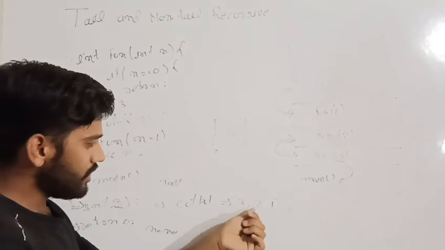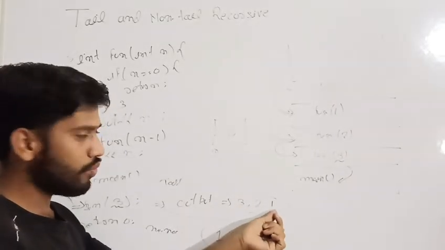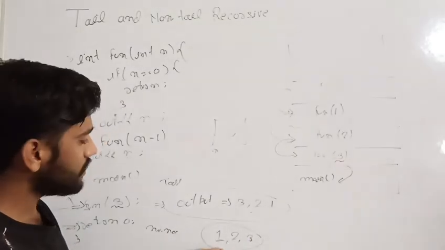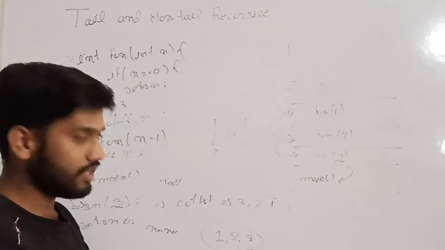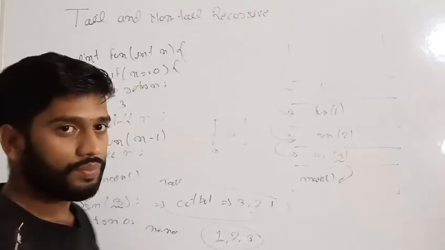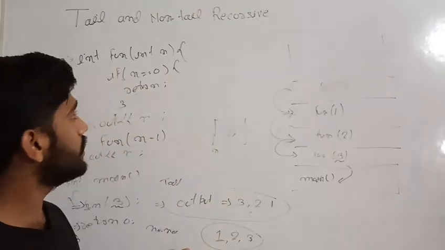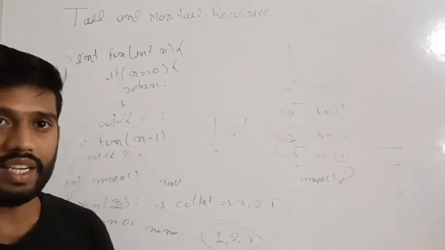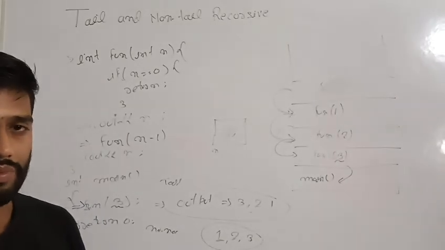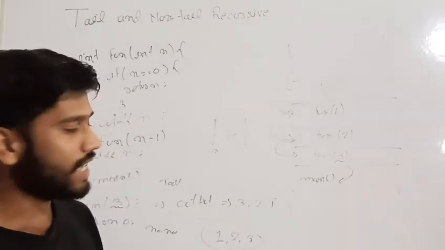There is a difference: in tail recursion the output is 3 to 1, and in non-tail recursion it is 1 to 3. There is a big difference, and I hope you have understood these tail and non-tail recursive functions. Let's see new problems in the next video.